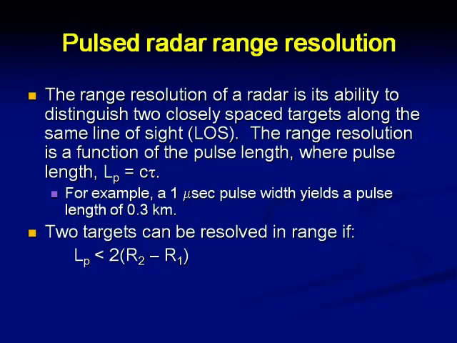So if two targets are close by, they can be identified as two separate targets if the pulse length is less than the difference of the distances between the two targets, twice of it. 2 times R2 minus R1 must be greater than this pulse length.